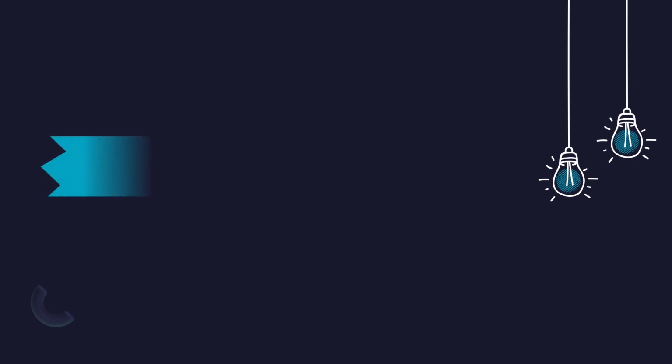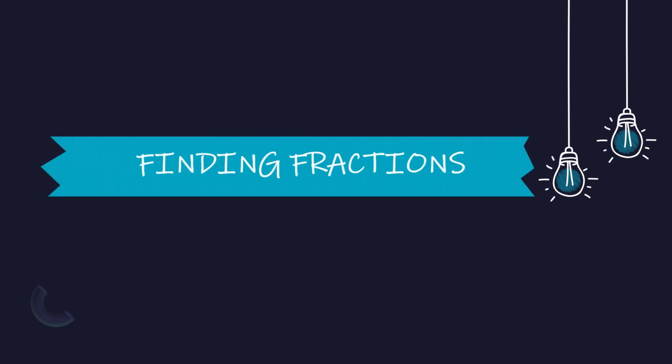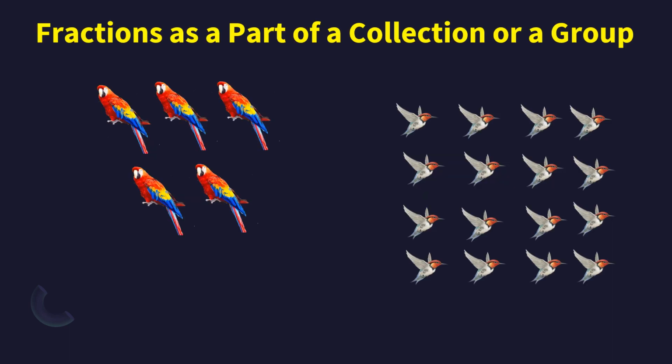Now let us learn finding fractions. How to find the fractions. This is very interesting. Listen very carefully. Fractions as a part of a collection or a group. See, we have 5 birds in the first picture.